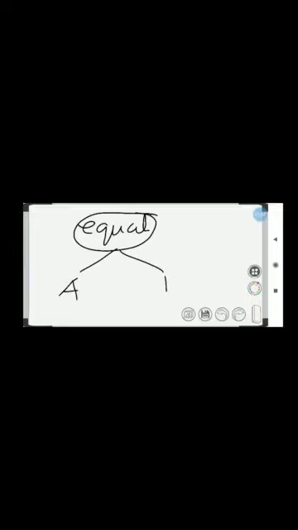Anyway, what is an equation? The word equation means equal. An expression which is equal to another expression. For example, A is one expression and B is one expression. It may be with a variable or without a variable. This is the left hand side and this is the right hand side.